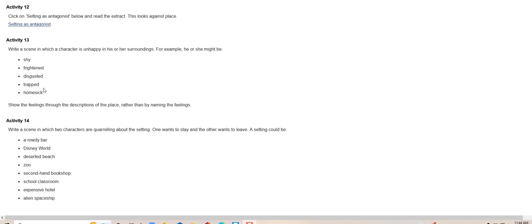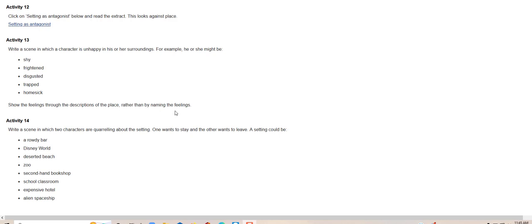So here you have a setting in which the character is unhappy, and so you can use the setting as the antagonist. Right? So show the feelings through descriptions of the place, rather than naming the feelings.